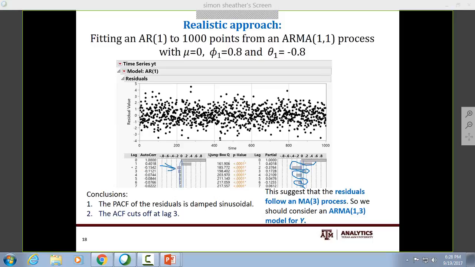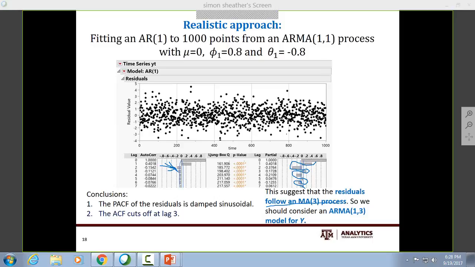The PACF damps out. The ACF of the residuals cuts off at lag 3, so that says the residuals look like MA3.